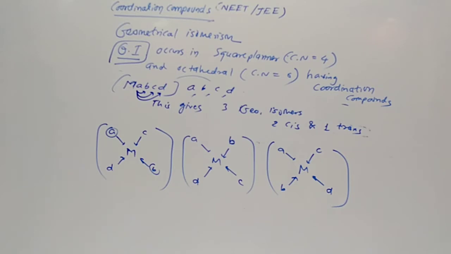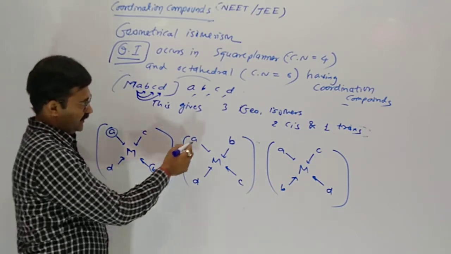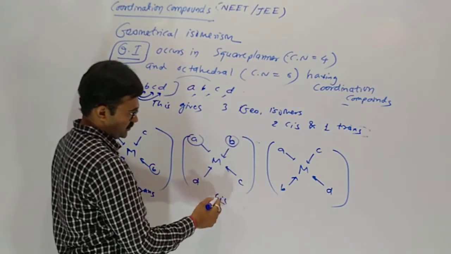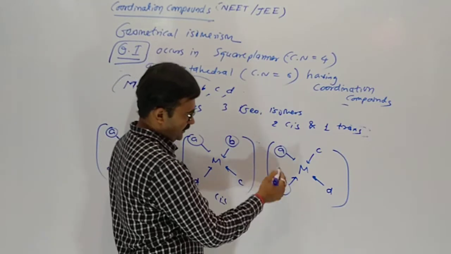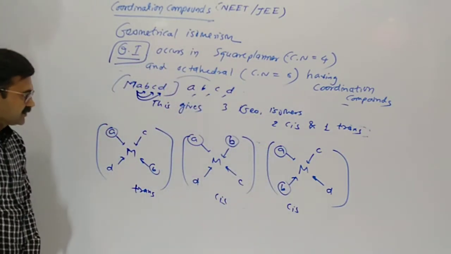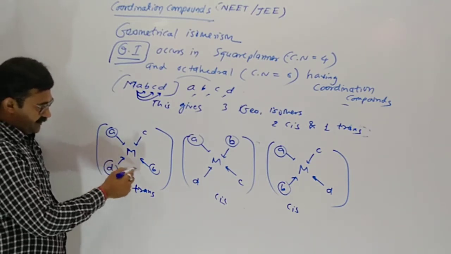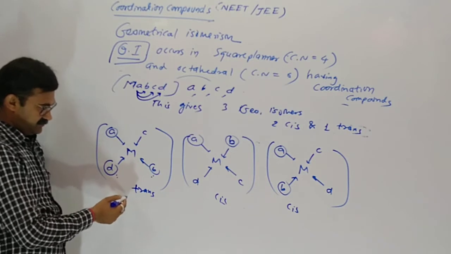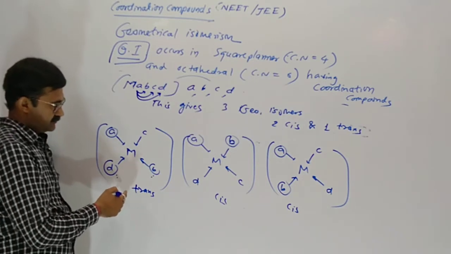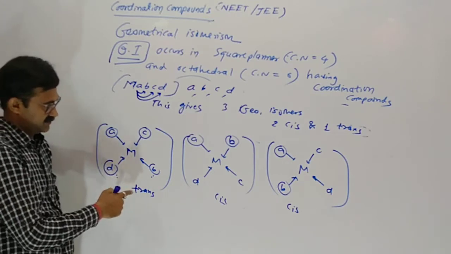Here A and B are opposite to each other, so this one is trans. A and B close to each other, so cis. A and B close to each other, so cis. If we are deciding B and D close, suppose C and D opposite, so trans.